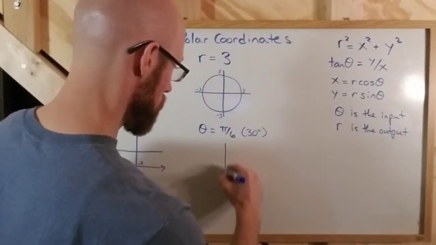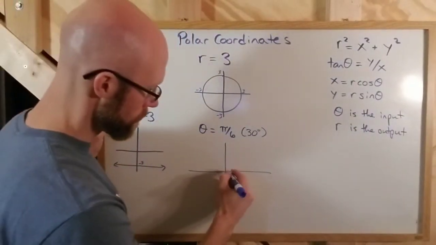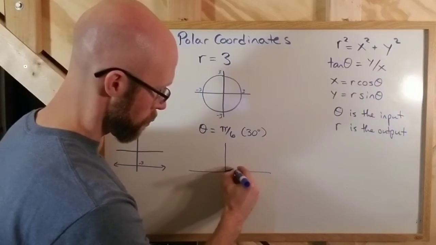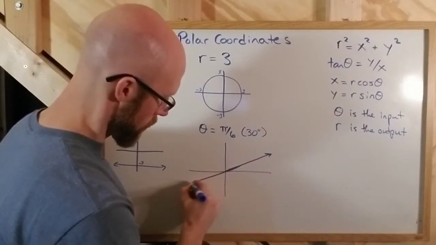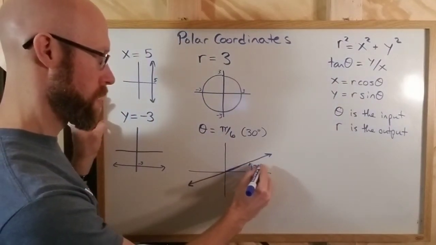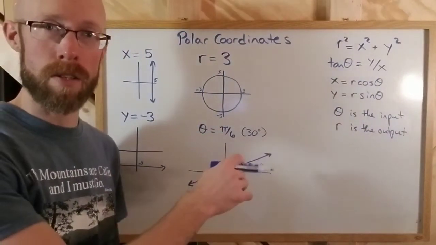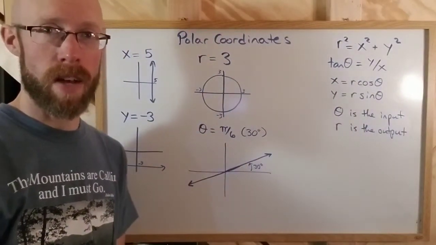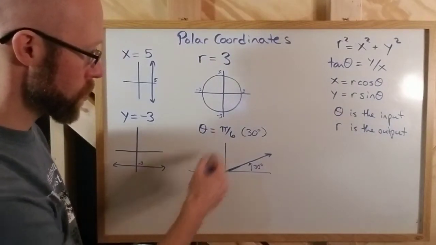To graph that, a 30-degree angle, you're looking at all points on this line that has a 30-degree angle coming up from the polar axis or the positive x-axis. So you end up with a line.